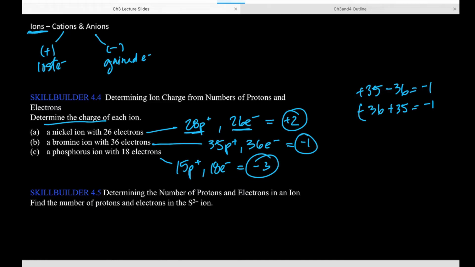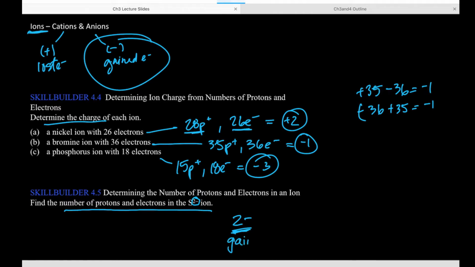Okay. And so we would like to find the number of protons and electrons in the S2 minus. The charge goes in the upper right-hand corner, so it has a charge of 2 minus. Which means, what happened to it? How does something become an ion? It gains or loses electrons. To become an anion, it gained electrons. How many did it gain? This says that it gained 2 electrons.